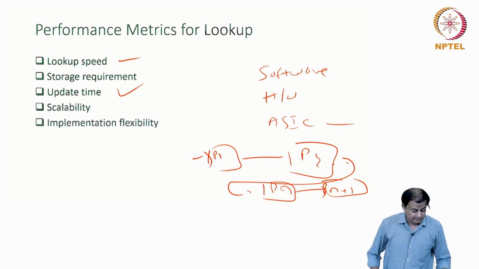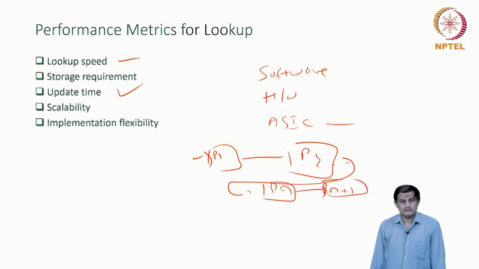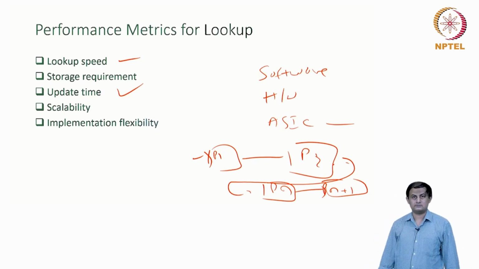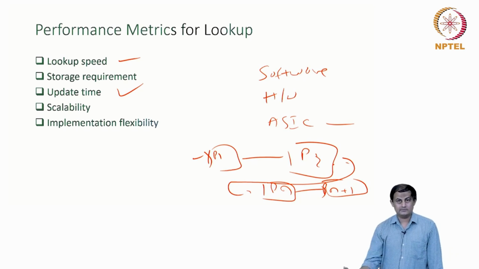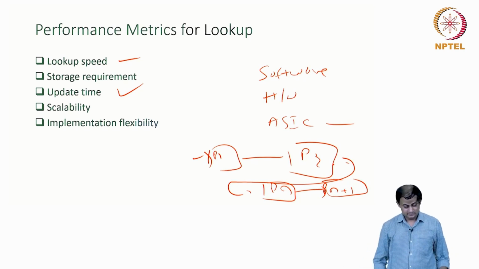And the fifth metric is something called implementation flexibility. Can I make changes quite quickly? If I want to migrate from one to another, can I do that? If the data structure gives you that flexibility, then it is better.